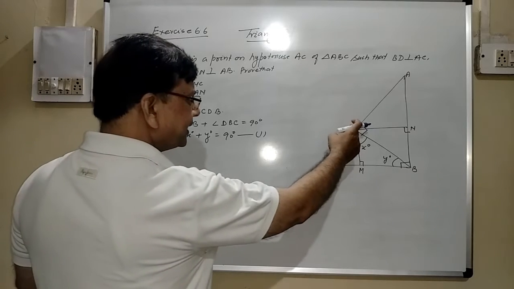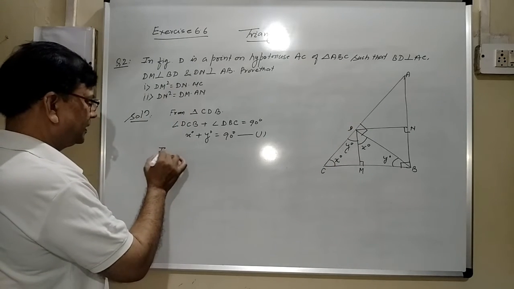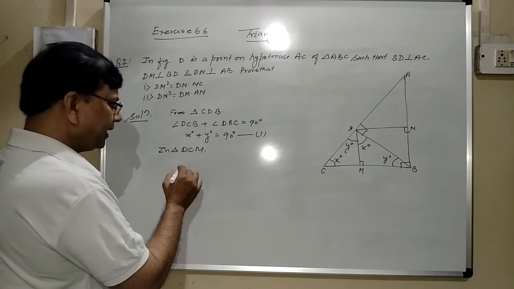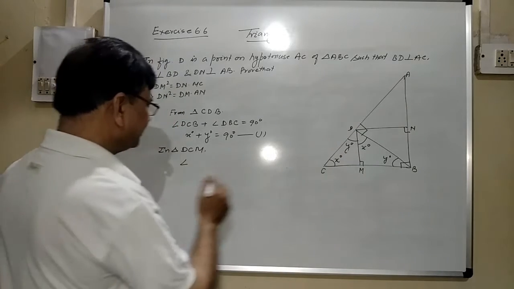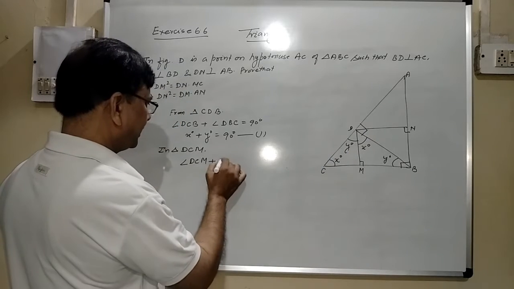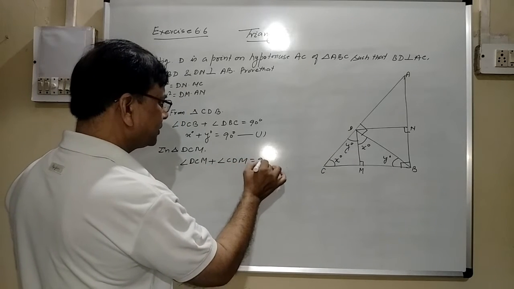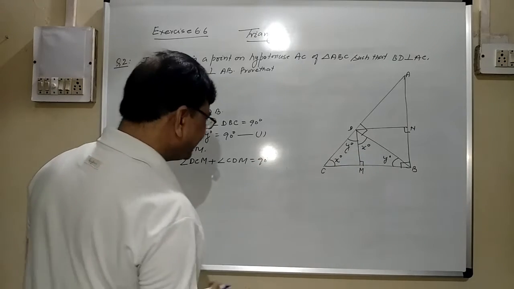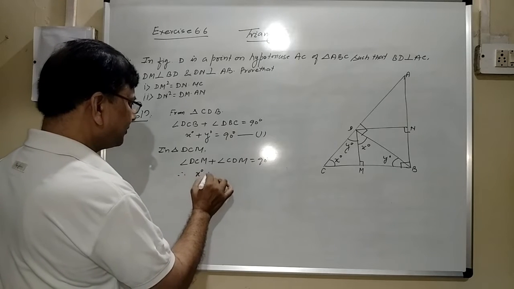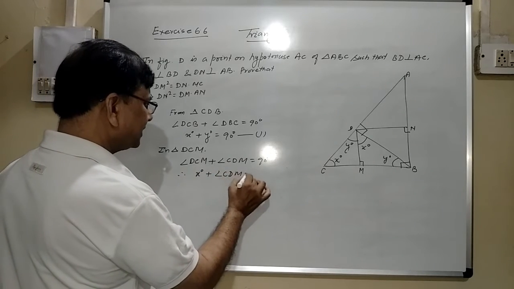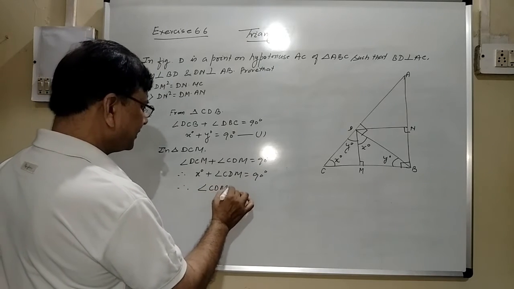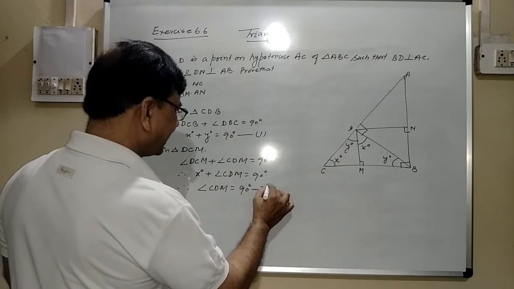And if you are taking triangle DCM, in triangle DCM, angle DCM plus angle CDM is equal to 90 degrees because this angle is 90 degrees, and DCM is x, therefore x degrees plus angle CDM is equal to 90 degrees, therefore angle CDM is equal to 90 degrees minus x degrees.